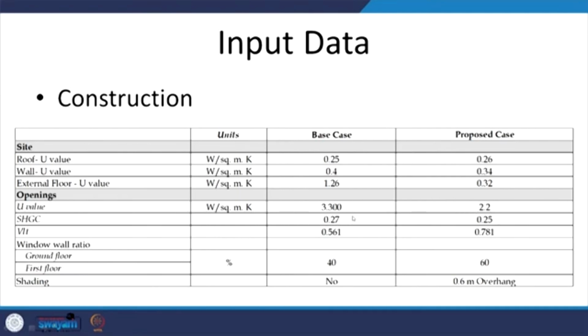Same with SHGC and VLT. We have a better VLT, which implies more daylight being available, and a lower SHGC, which implies less heat being brought in. However, what we have done here is we have increased the window wall ratio from 40% to 60%. So there are more windows, and we have also added the overhang. So this is what we have changed from the base case to the proposed case.